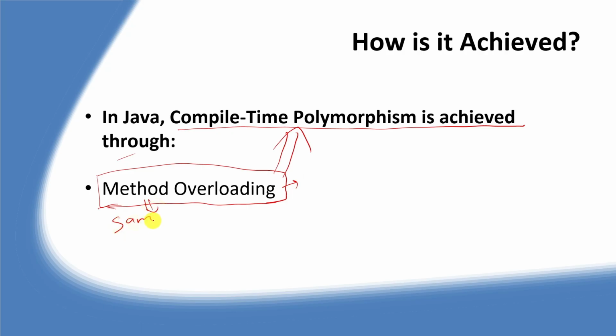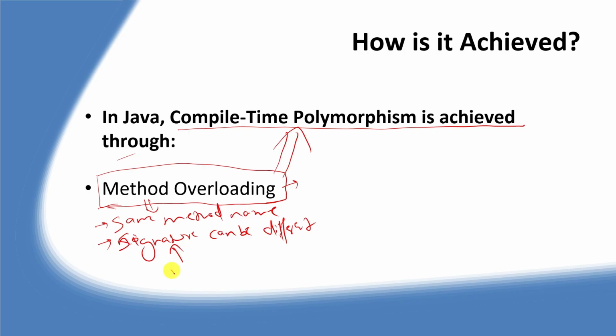Same method name, or you can say the method name should be the same. Now the signature can be different. Now we will think, what is this signature?